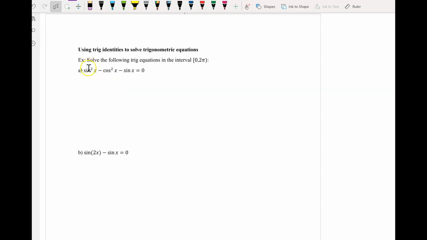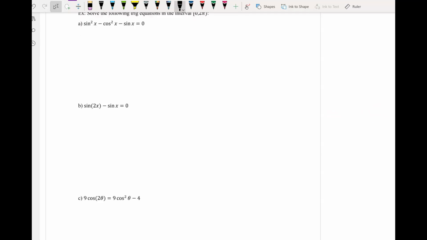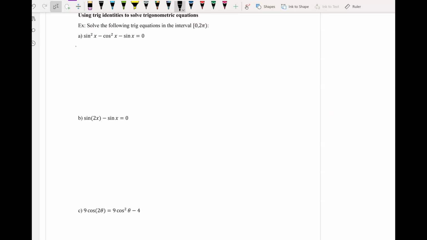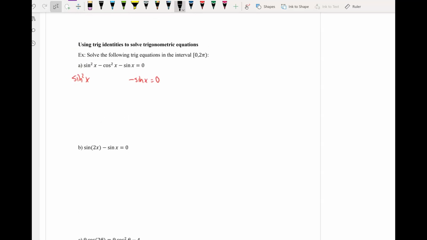So the first thing that I see is I see a sine, a cosine, and a sine. And one of the things that I prefer to do is have everything as one trig function. So I'm going to leave the sine x and the sine x by itself because those really aren't doing anything for me. So you got sine x, sine squared x, and the sine x. And then what I'm going to do is I'm going to take that cosine squared and change that to a sine.